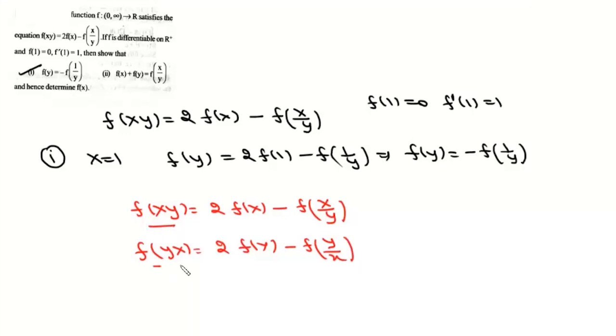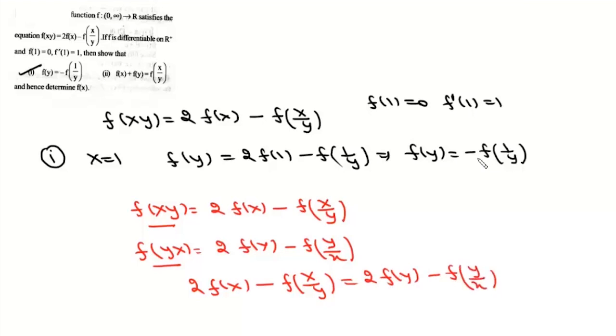Now if we equate these two, then we can write 2f(x) minus f(x upon y), it is equal to 2f(y) minus f(y by x). Now minus f(1 upon y) is f(y). So we can write this as this is plus f(x upon y).